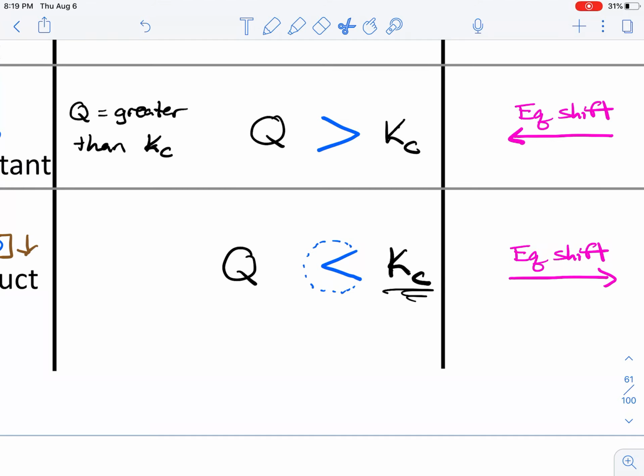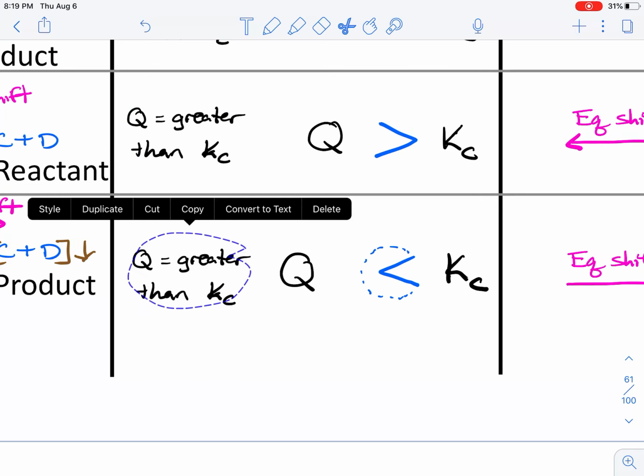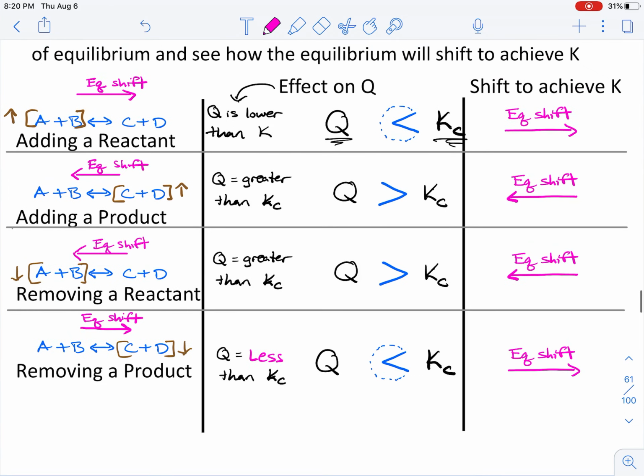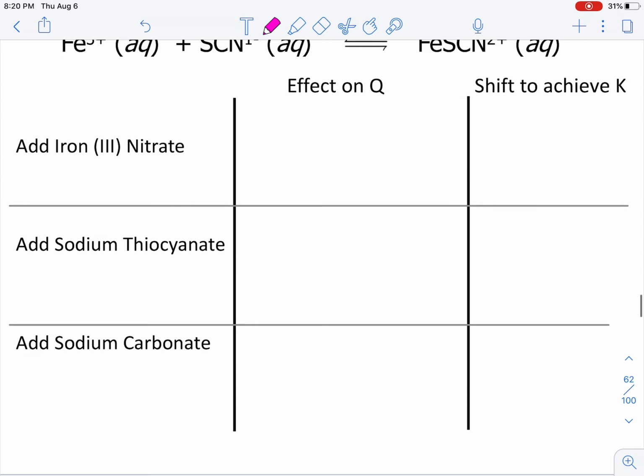The mouth of the Pac-Man, or the mouth of the inequality, is going to face the equilibrium constant Kc. And so therefore, we can conclude that the value of Q is going to be less than Kc. Okay, and so once again, what we're doing is we're kind of working backwards with respect to the relationship of Q and Kc.